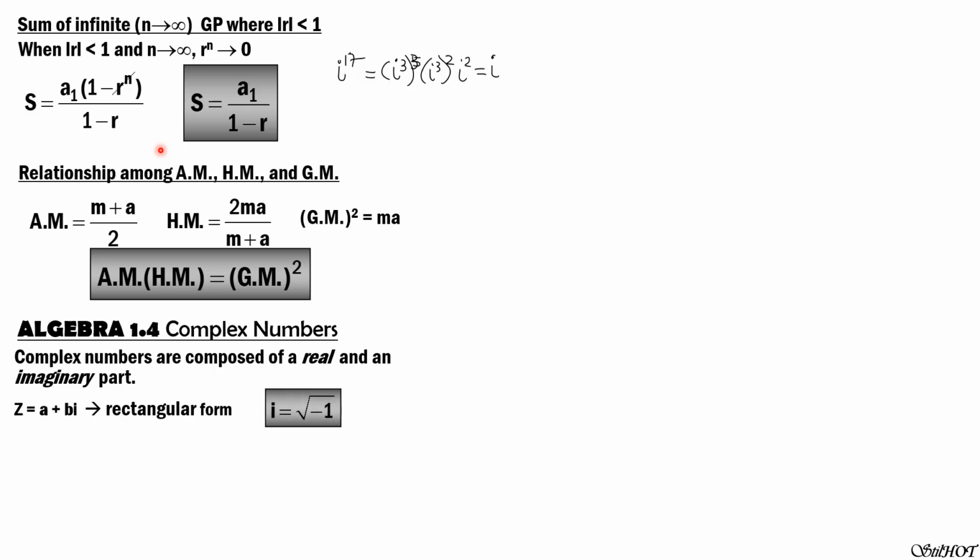Take note of that. So therefore, if i is the square root of -1, i squared is equal to -1, i cubed is equal to i squared, which is -1, times i. So -1 times i is negative i, so i cubed is negative i. i to the fourth is i squared quantity squared, -1 quantity squared, so that's +1.